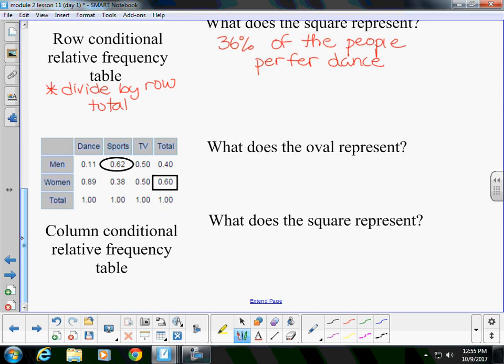Okay, and the last one is a column. So in this case, you're dividing by the column total.